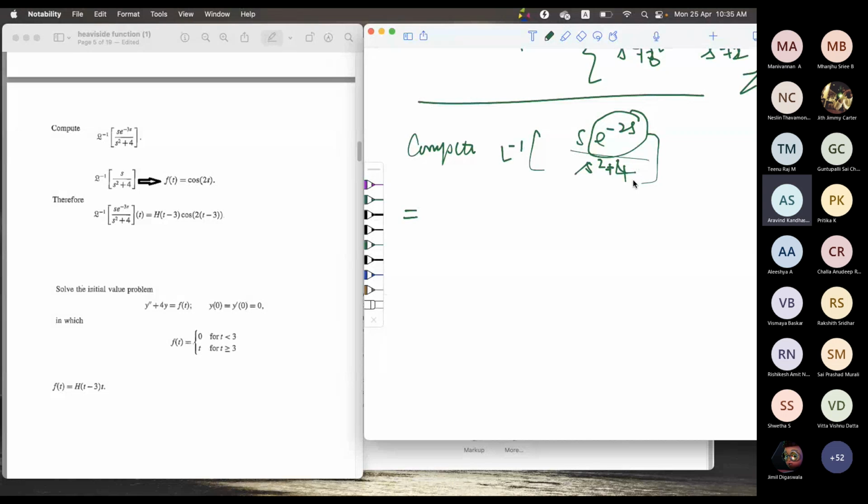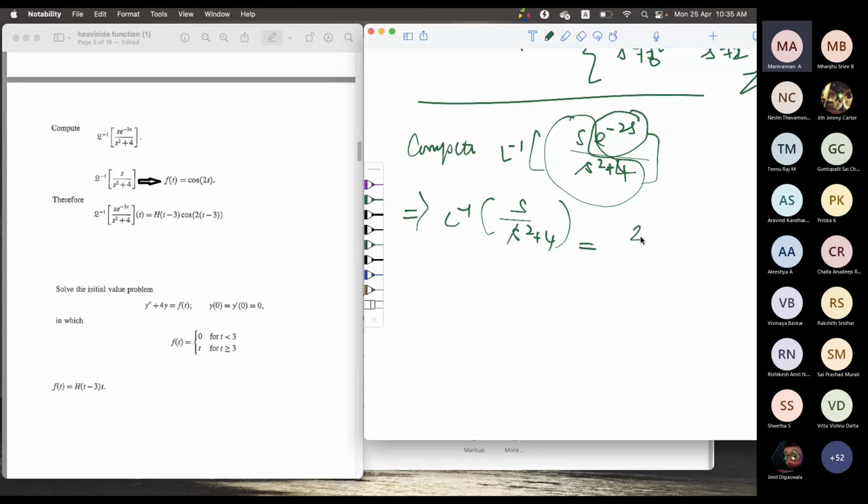So except this e power minus 2s, here we are having L inverse of s divided by s square plus 4. With this we know that it is cos 2t.